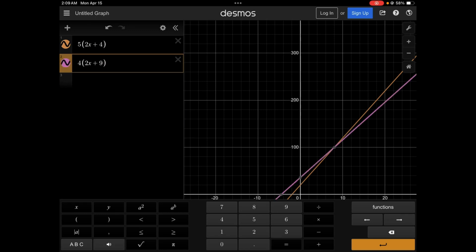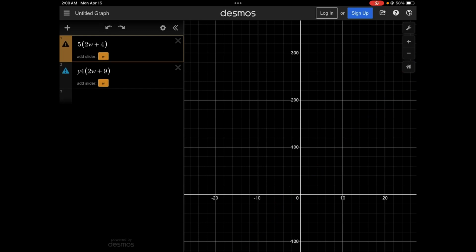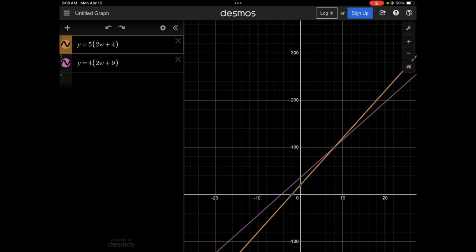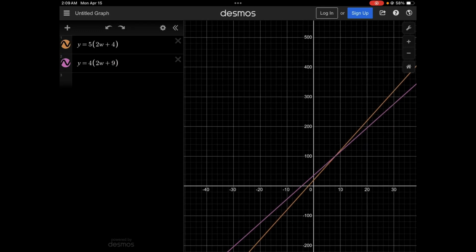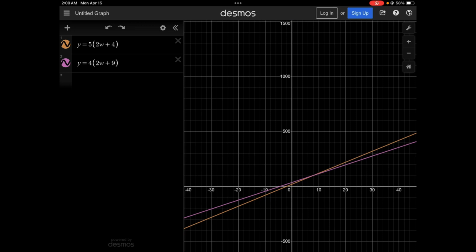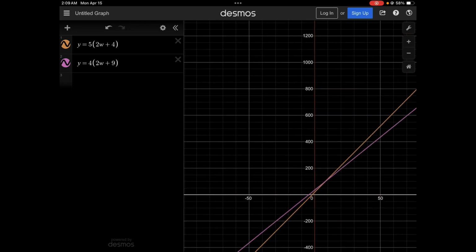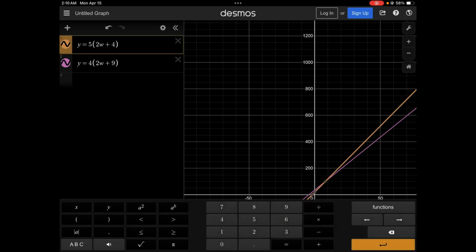But you don't want to change too much from each problem, so I want to write it exactly as it's written, and always put the y equals in front, because this is how proper math is written, with the y equals when you write a function. And second, because if you forget and put a 2w plus 4, for example, and it can't graph it, and you don't remember that you have to put a w there, it's going to be a problem.